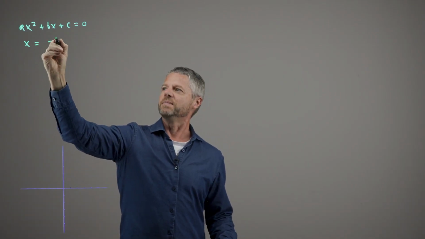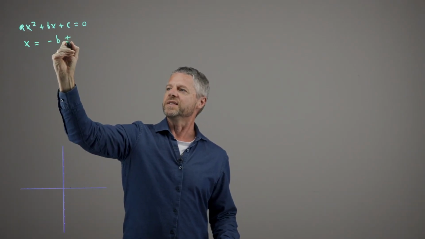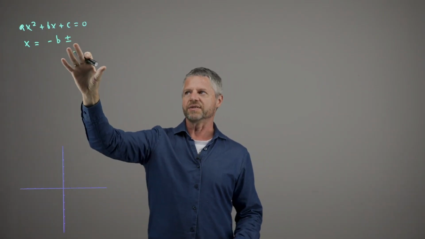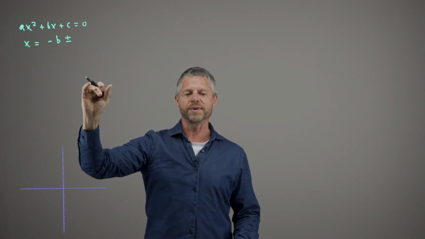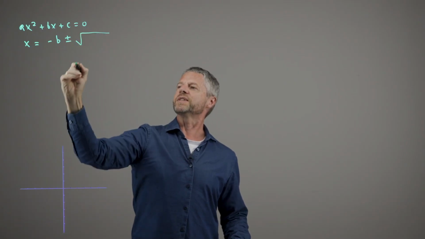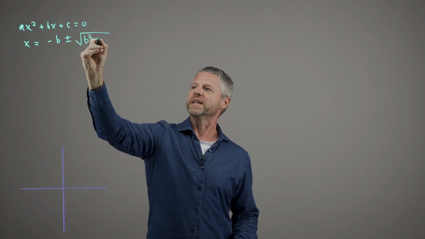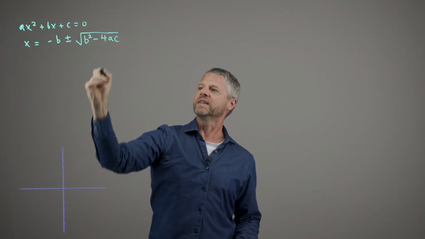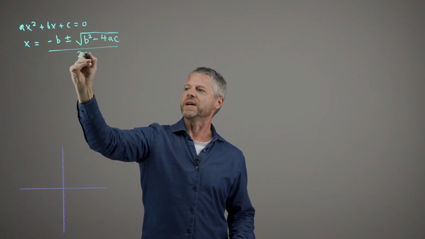So it starts with a minus b, and then this symbol here, plus minus, means it's going to give us potentially two solutions, one where we use plus and one where we use minus. And then we have the square root of b squared minus 4ac, and then that whole thing is divided by 2a.